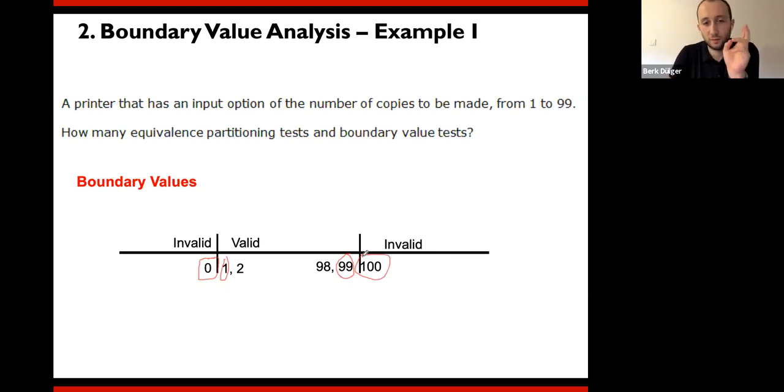This is for 2-point analysis. And for 3-point boundary analysis, you also need to get inner adjacents for your tests. For 3-point analysis, you also need to add 2 and 98. Okay.